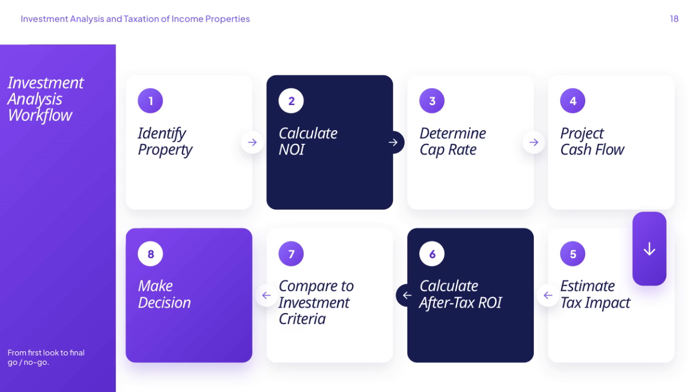With all this information, we compare the results to our established investment criteria to see if the opportunity meets our goals. Finally, based on this comprehensive analysis, we make a go or no-go decision on whether to proceed with the investment. This structured approach ensures that we thoroughly evaluate income properties and make informed investment choices.